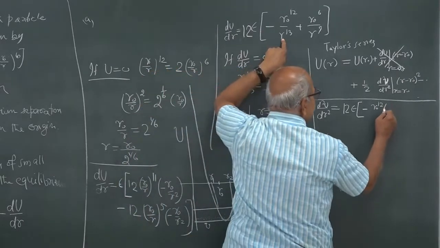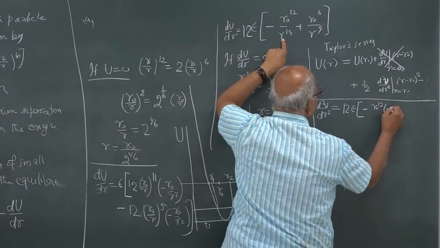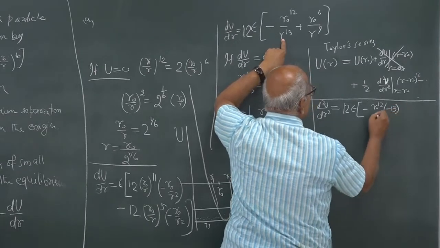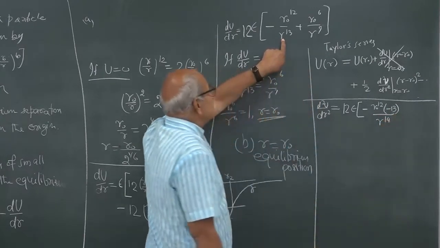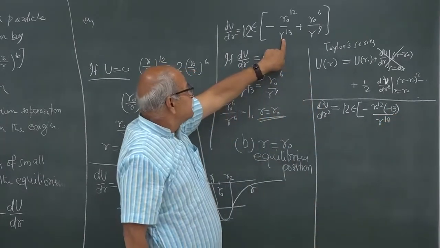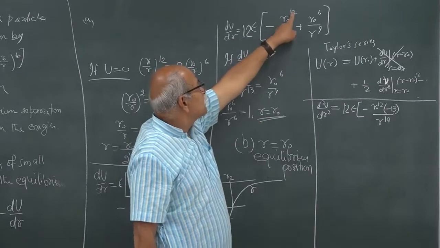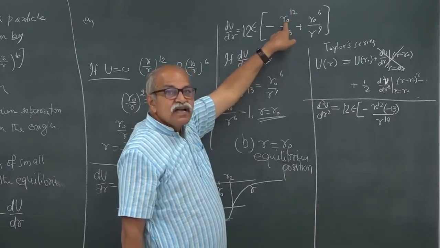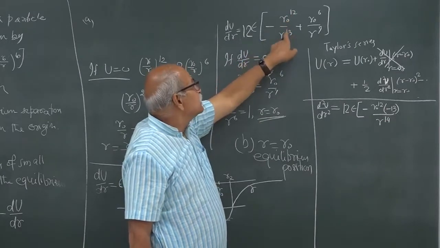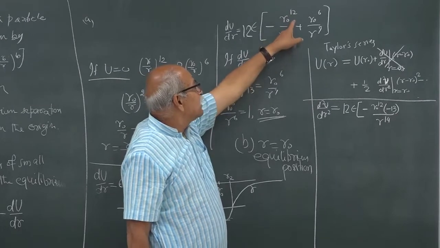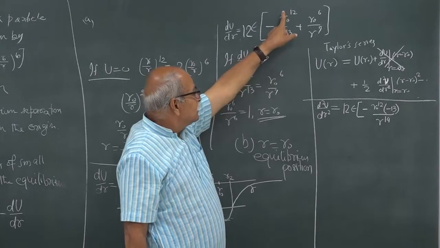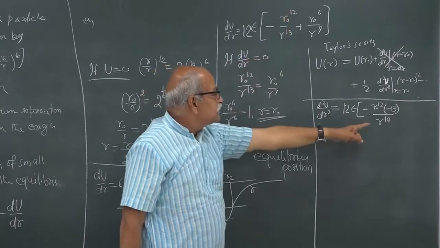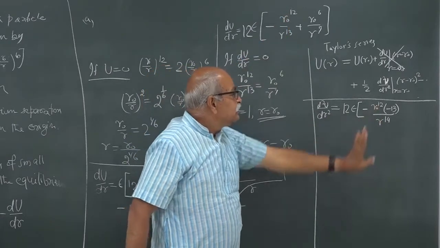So, minus 13 here, and then r to the power minus 14. So, r to the power 14 in the denominator, right. I have written r naught to the power 12, which is constant, and then I have to differentiate. So, I am differentiating r to the power minus 13. So, minus 13 r to the power minus 14, r to the power minus 14 is written as r to the power 14 in the denominator.